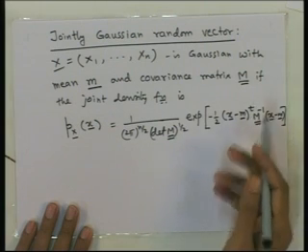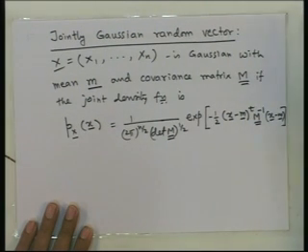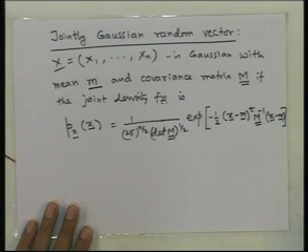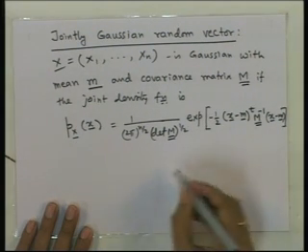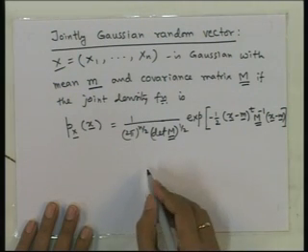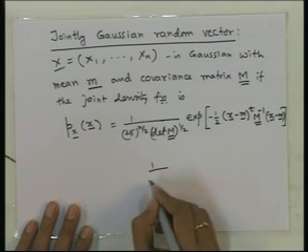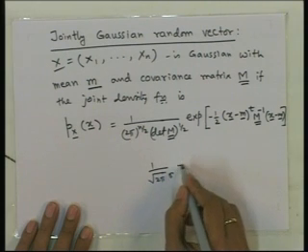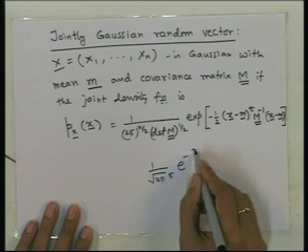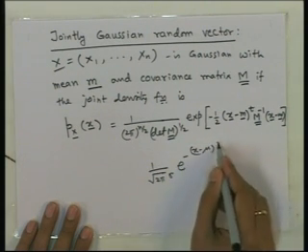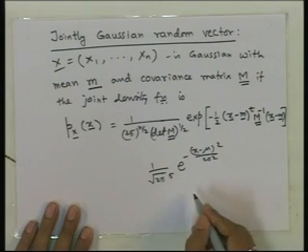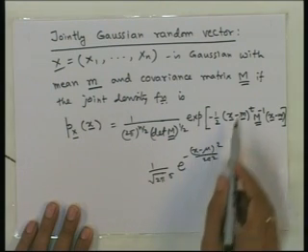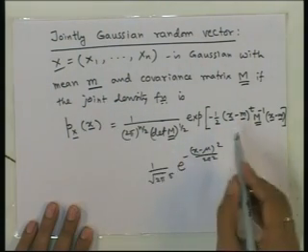So, we had the Gaussian single random variable density function, which was 1 by root over 2 pi sigma, e to the power minus x minus mu whole square by 2 sigma square. Mu is our m now, it is a single component.